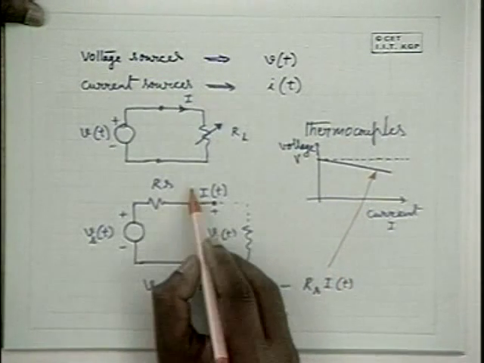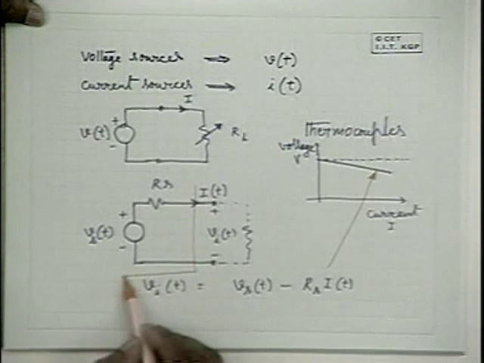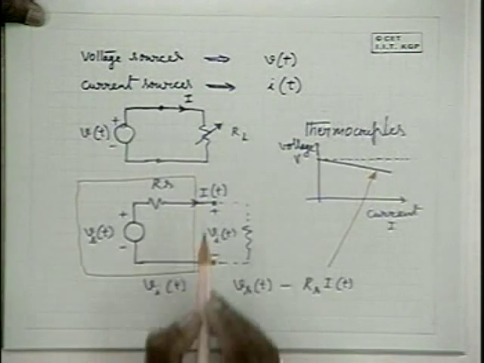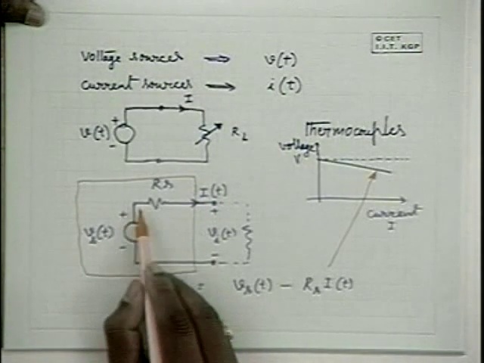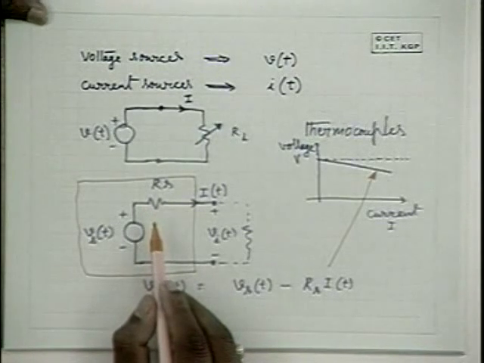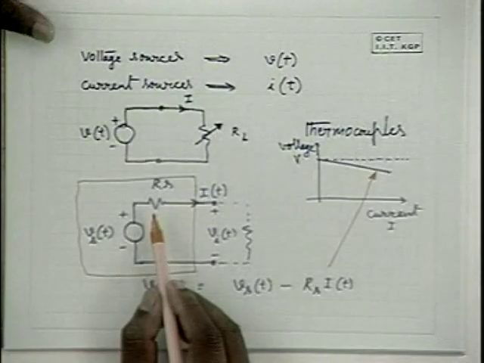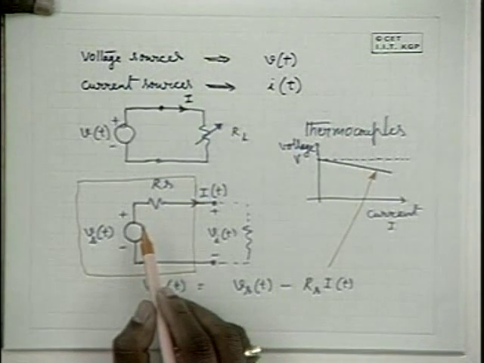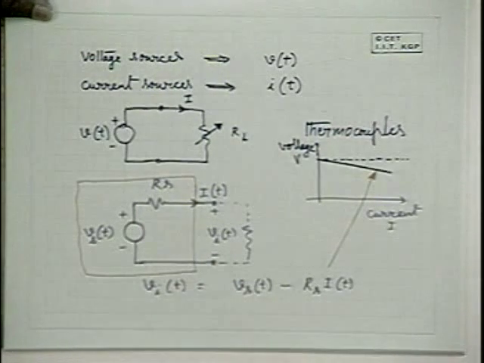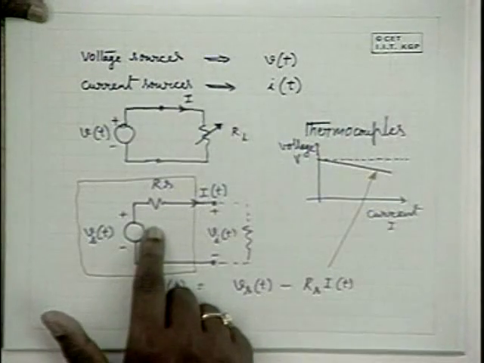So a practical source like this can be represented by an ideal voltage source in series with a source resistance. If the source resistance is 0, it is very closely equal to an ideal voltage source. So typically voltage sources exhibit some amount of source resistance.